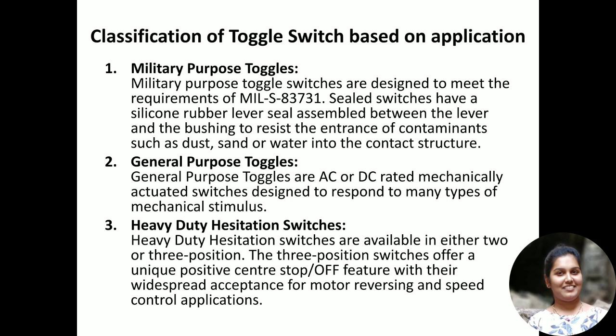In order to have all these specifications met, these are made with a silicone rubber lever seal assembly between the lever and the bushing to resist any unwanted materials like dust, sand or water from entering the contact structure, that is the internal structure.